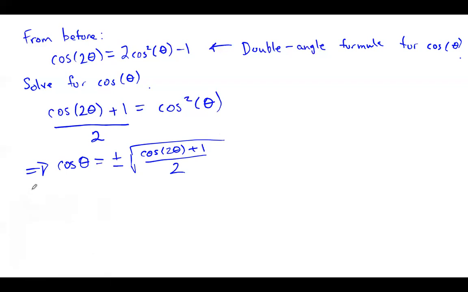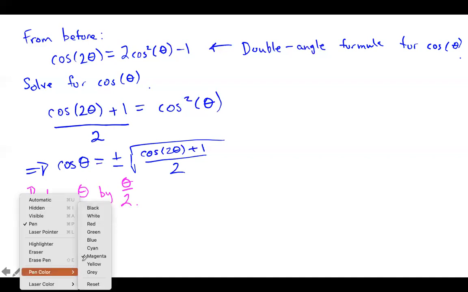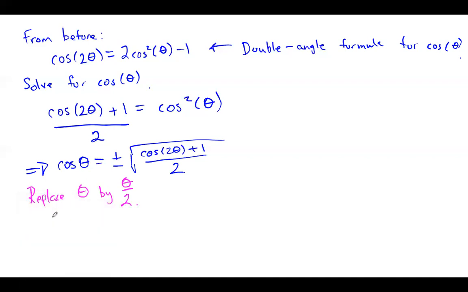Now we could just replace theta by theta divided by 2. And then we would have cos of theta divided by 2 is equal to plus or minus square root of cos.